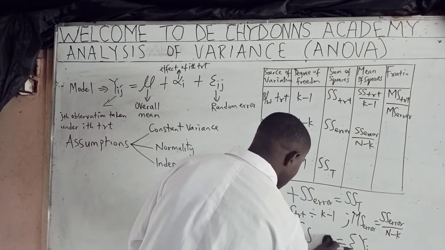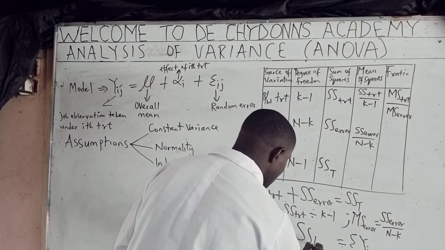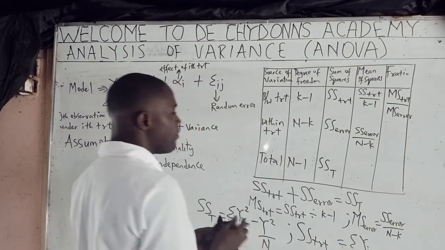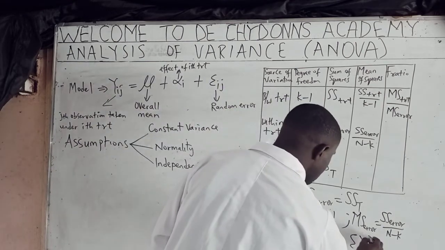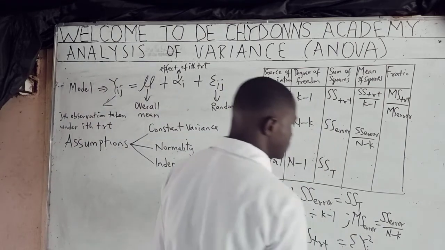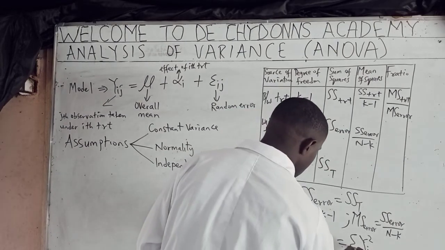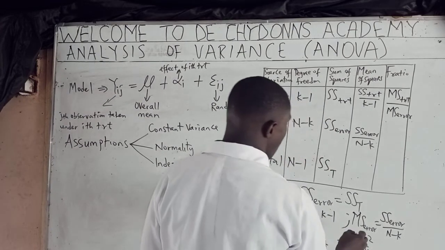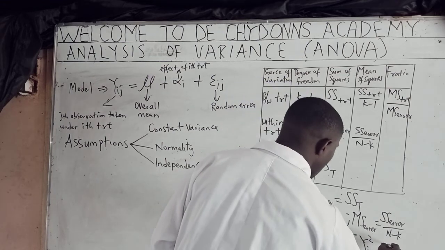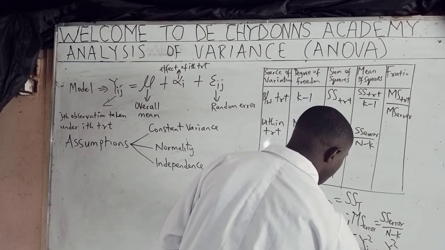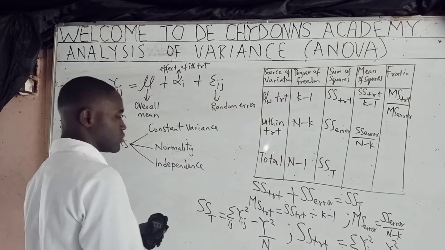Let's write SS treatment first. The formula for SS treatment is the summation of Yi squared all over n minus Y squared all over capital N.